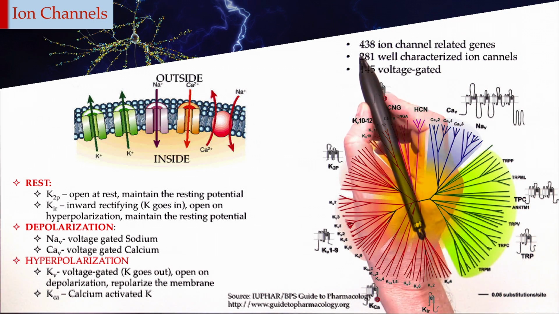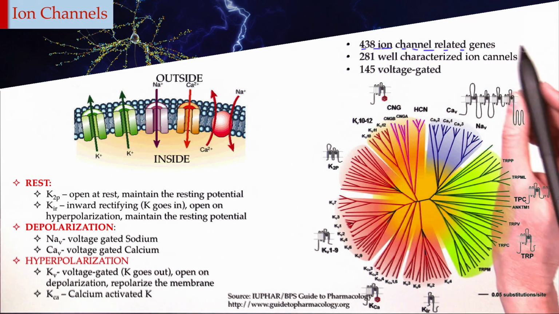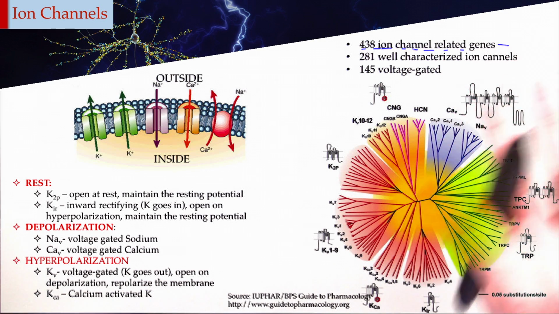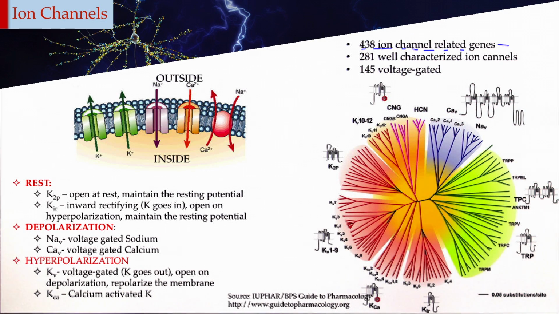There are a lot of ion channel related genes, but many of these are associated proteins that will regulate ion channels or that make ion channels work. There are about 280 well-characterized ion channels, and of them 145 are voltage gated, which means that when the voltage changes, they either open or close.